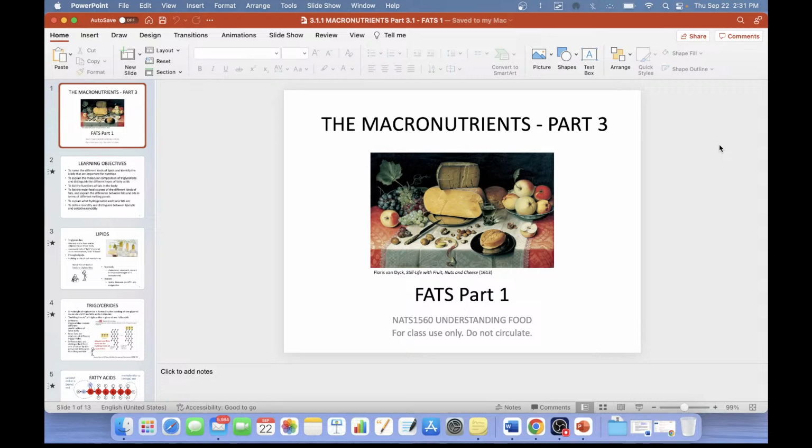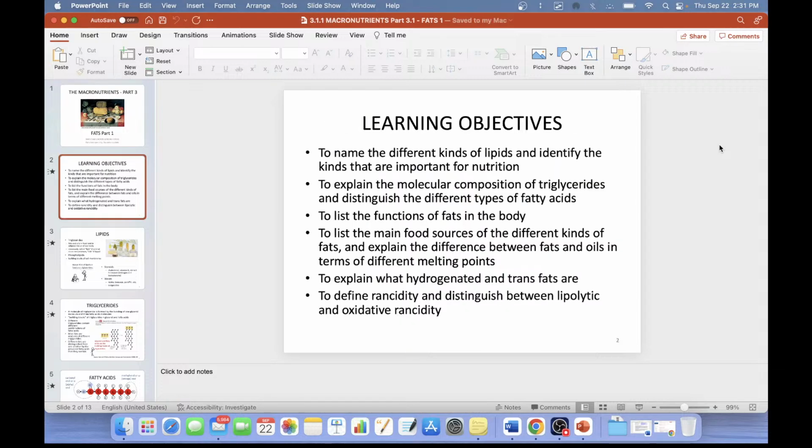We want to explain the molecular composition of triglycerides, which is the kind of lipids that are most important for nutrition, and those are the ones that we normally call fats, or fats and oils. And we want to distinguish the different types of fatty acids. We'll also see what is the relation between triglycerides or fats and fatty acids.